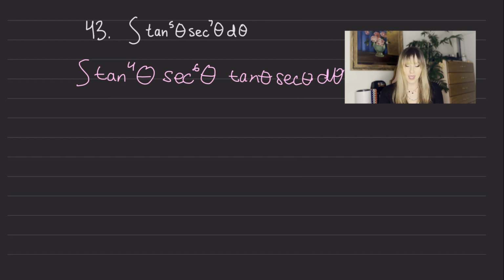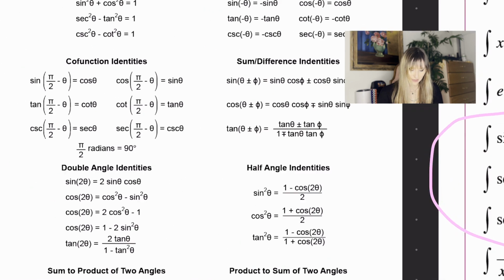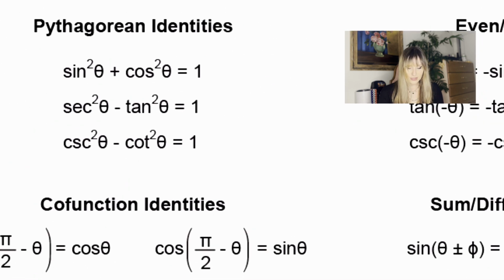This is a derivative. It's the derivative of secant. Let's turn the tangent into something that looks secant-like. And we do that by looking at our cute little identities here, because secant squared minus tangent squared equals 1.